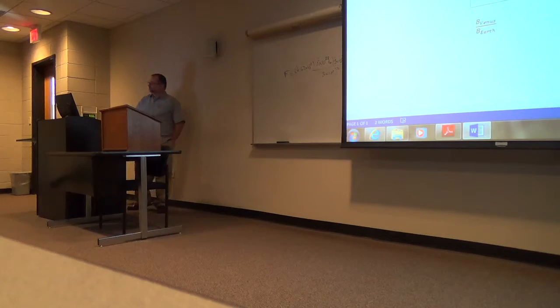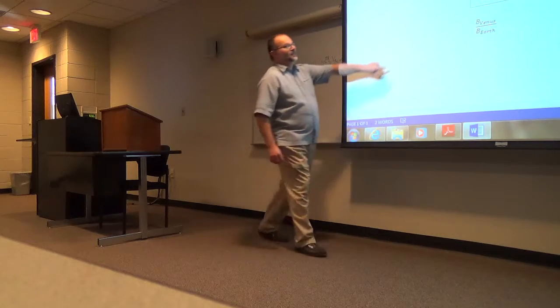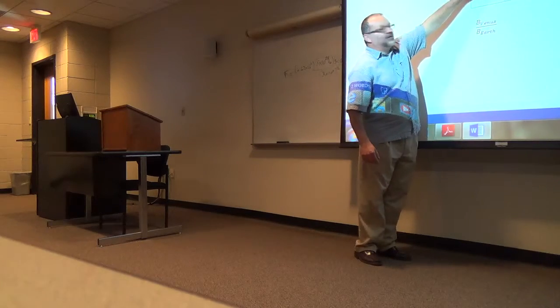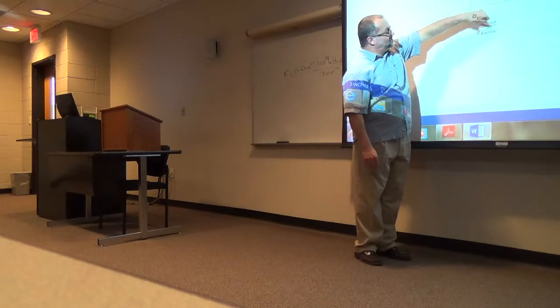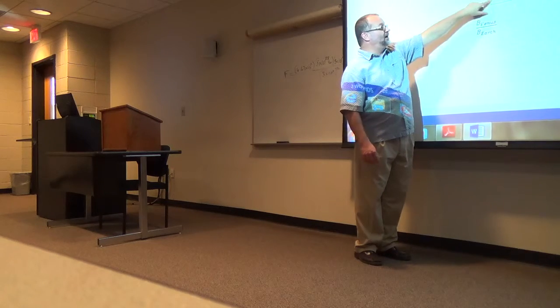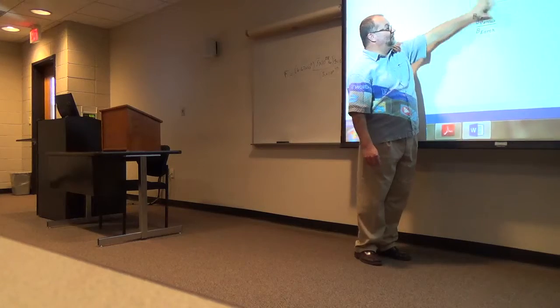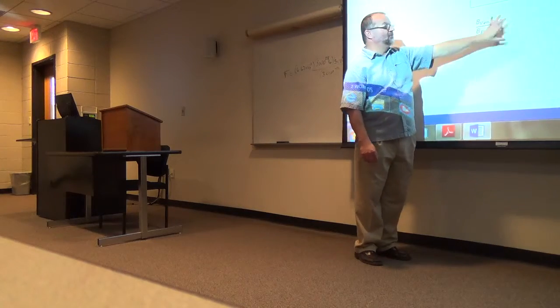We know that's going to go away because we're dividing this by that. And the 4 pi is going to go away because we're dividing this by that. The only thing that we have left over is 1 over r squared and 1 over r squared.